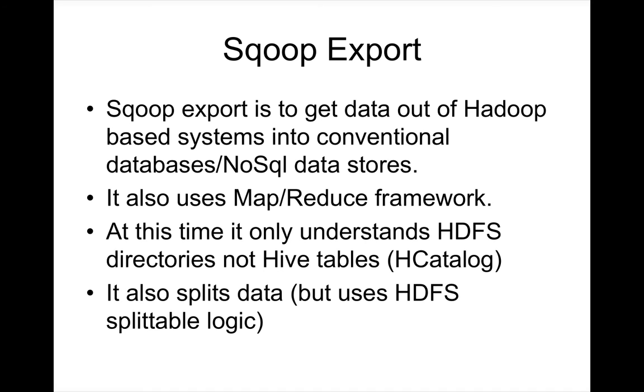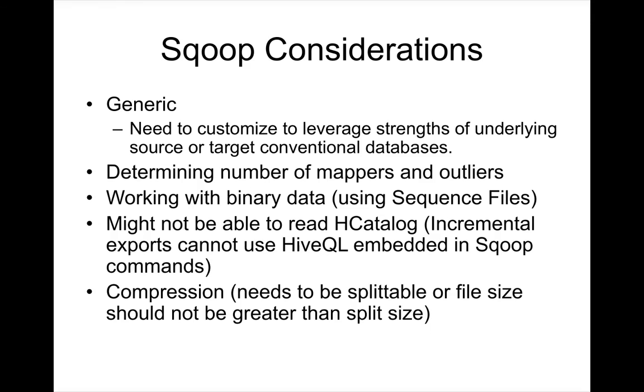So when we run MapReduce jobs, data will be split based on the block size of the blocks of the file, and then will be processed by the map tasks. The same case is applicable with Sqoop also. Sqoop uses the underlying files splittable logic of HDFS to process data in multiple threads.